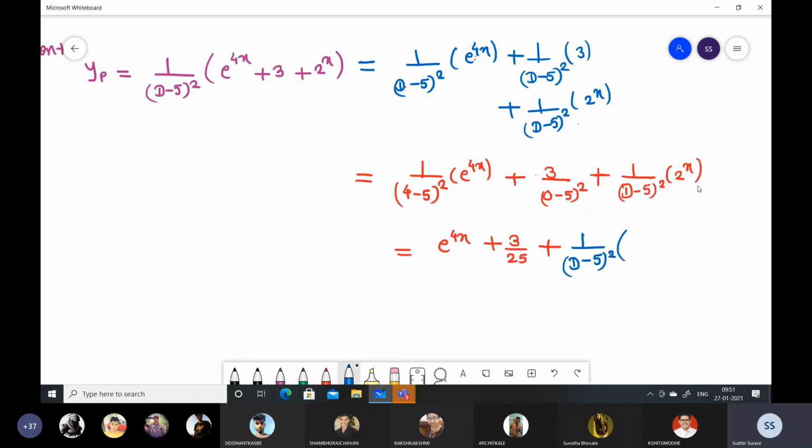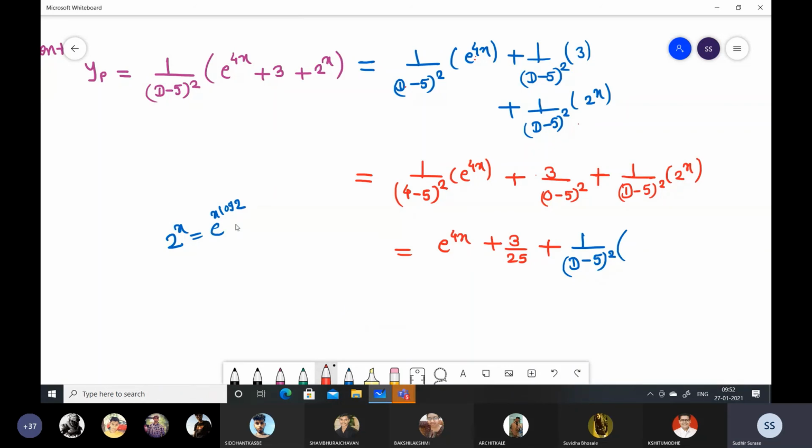Can we convert this 2 to the power x in terms of an exponential function? Yes. Can I write it this way? 2 to the power x is equal to e to the power x times log 2.